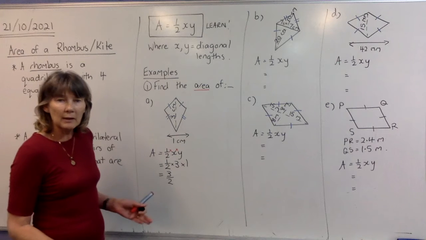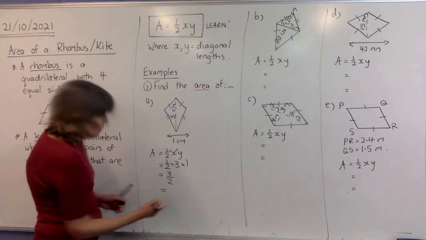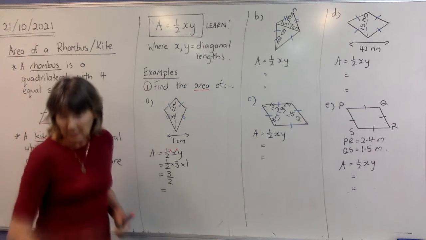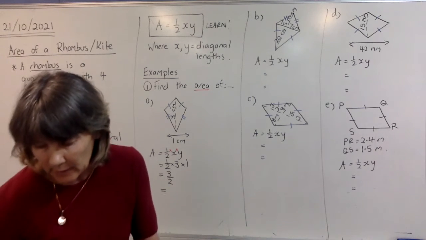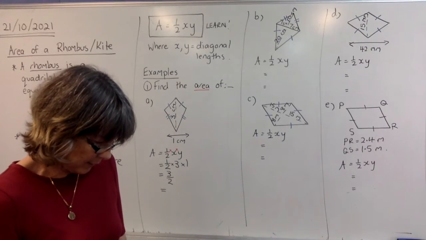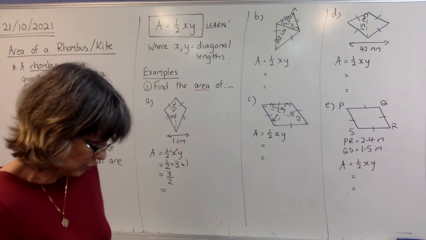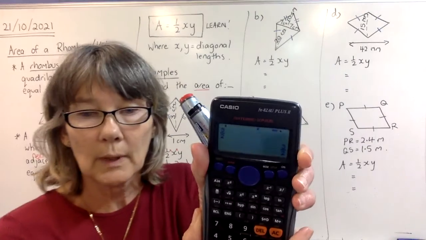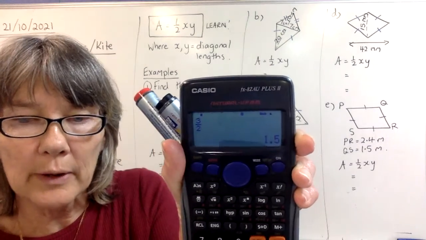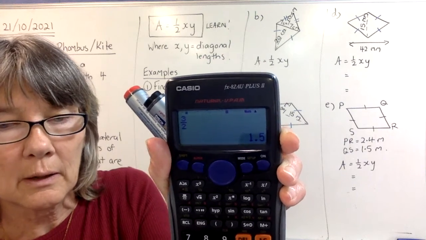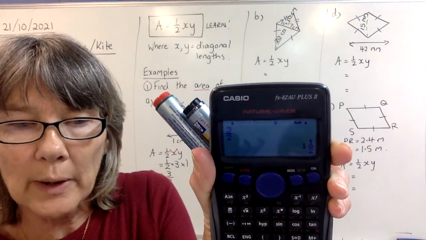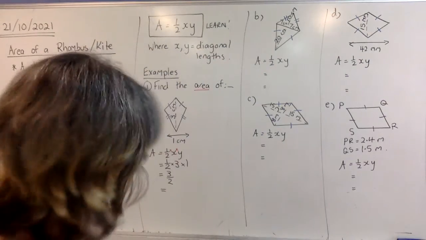Okay, now you can't give the answer like that, so you use SD or Shift SD to get your answer. So for instance, if I have a look at my calculator and I've got my answer as 3/2, if I press SD, it gives me 1.5. That answer's okay. Or if you use Shift SD, it gives you 1.5, and that answer's okay too.